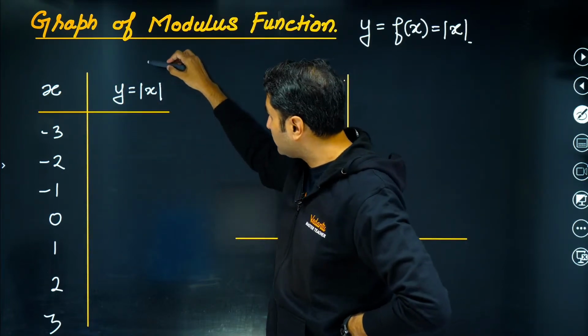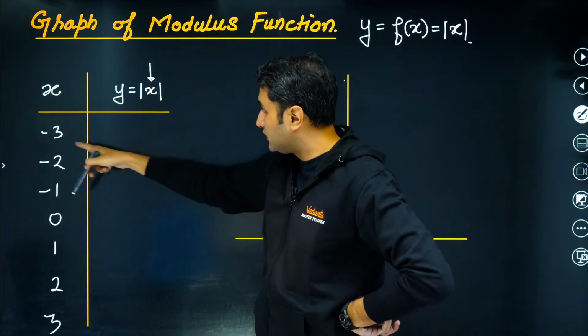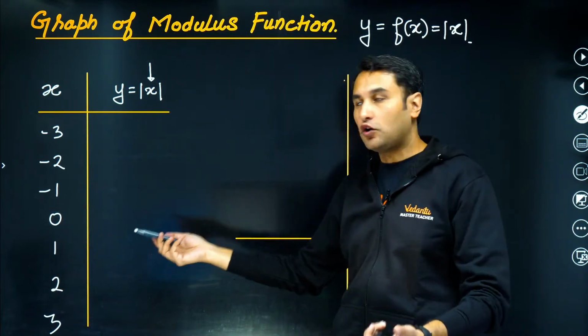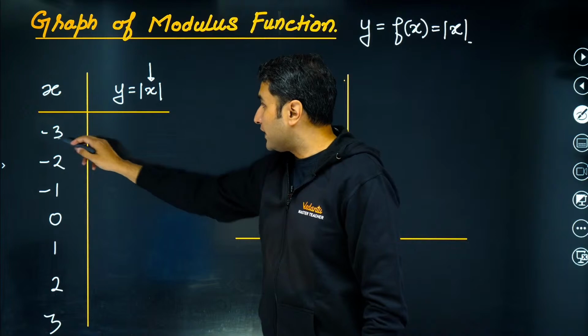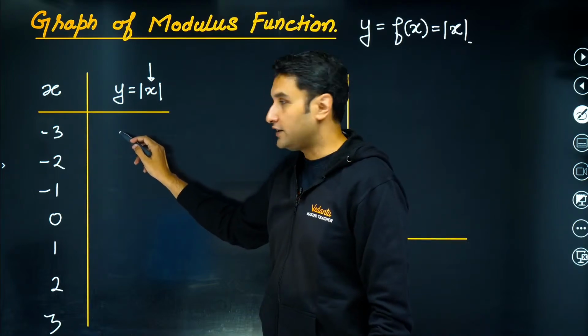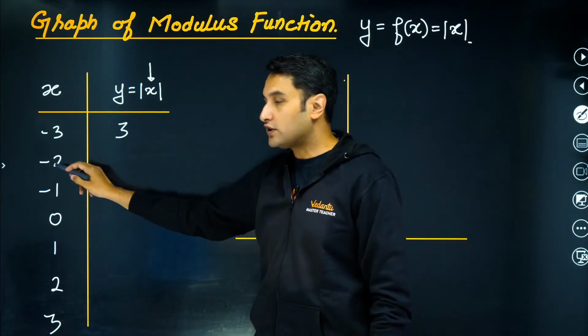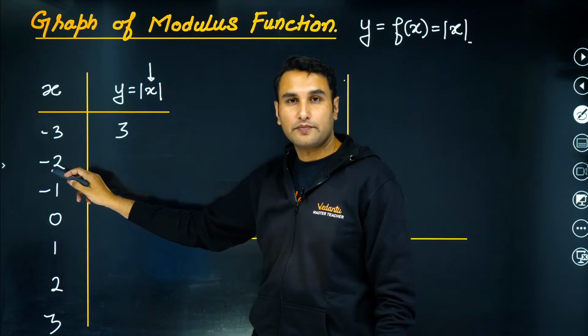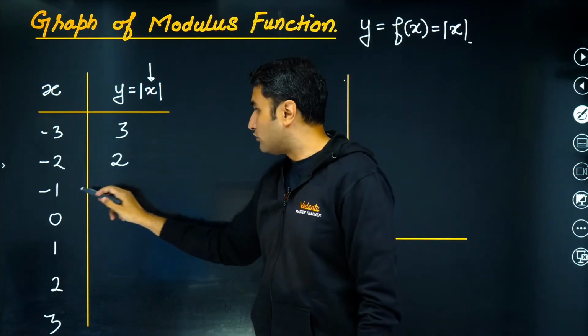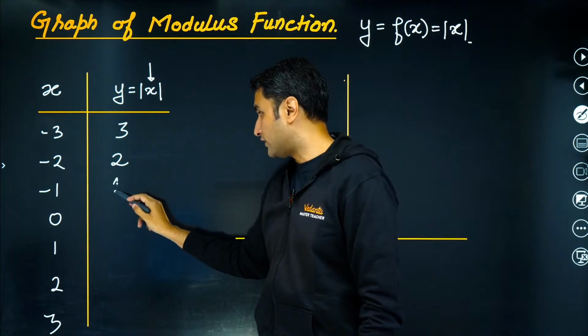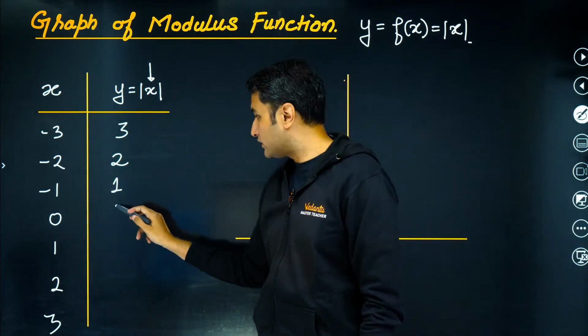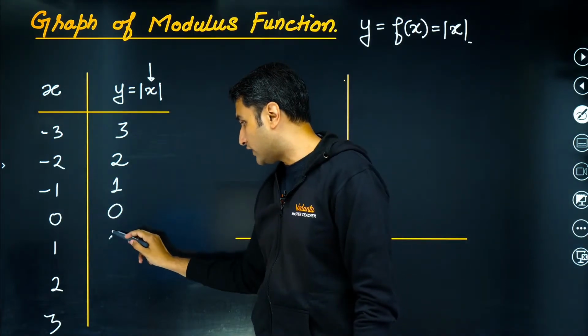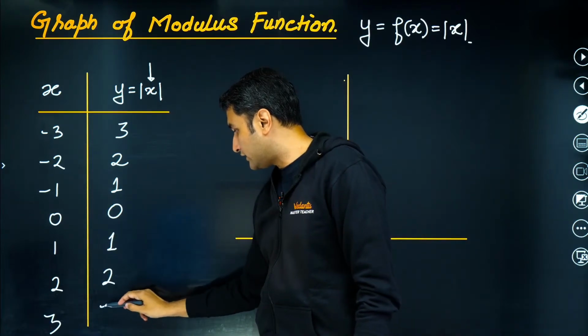So what is the input? Input was x. It is written here. Let's find out the output. Modulus of minus 3, 3. Modulus of minus 2, 2. Modulus of minus 1, 1. Modulus of 0, of course 0. 1, 1, 2, 2 and 3, 3.